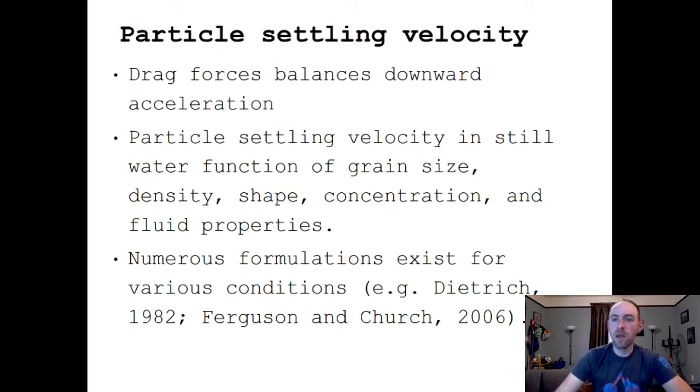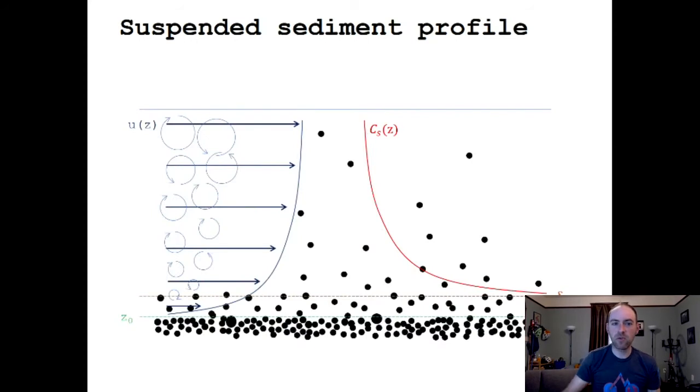Okay. And so it's that downward settling of the particle that then has to balance that upward turbulent diffusivity to result in a concentration profile, right? So you're moving particles upwards, but they're resisting that and they're trying to pull back downwards.